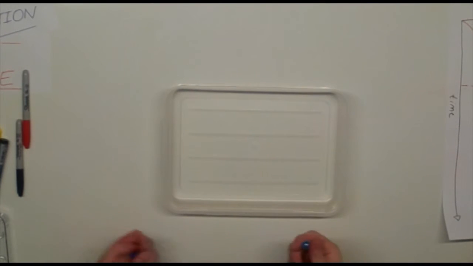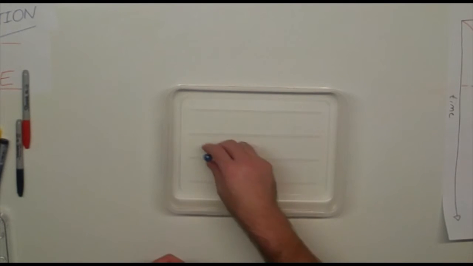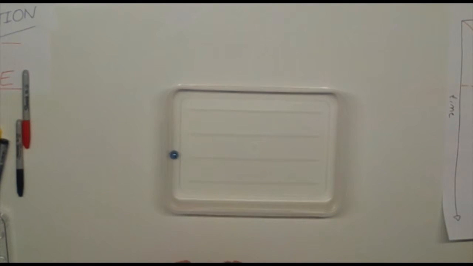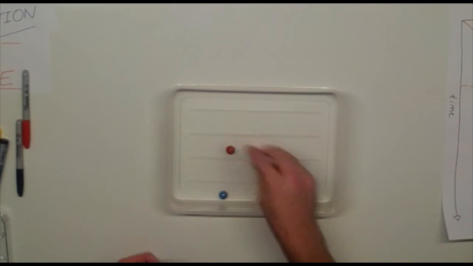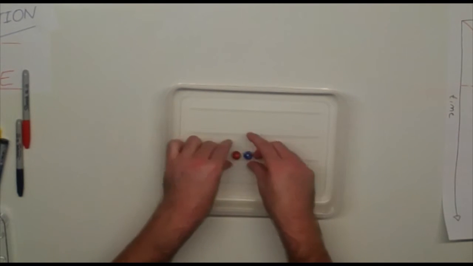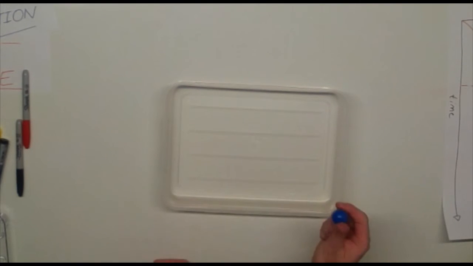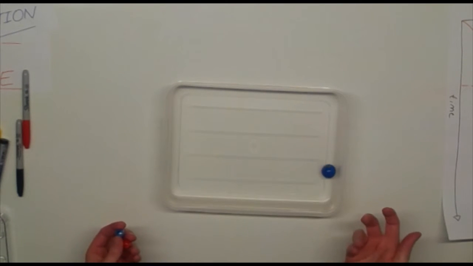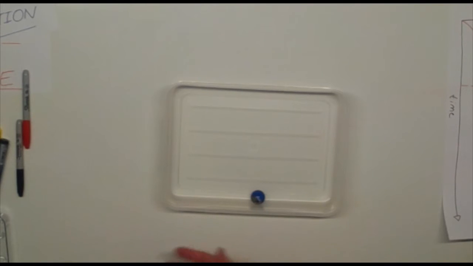Okay, so what I'm going to use to represent my PCl3, my phosphorus trichloride, is this little blue marble. Okay, chlorine gas is our little red marble. Okay, what happens is when they react, we're forming our PCl5, which we're going to do is the big blue one in this case.